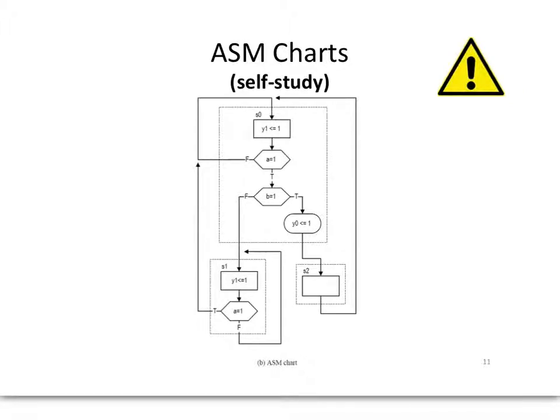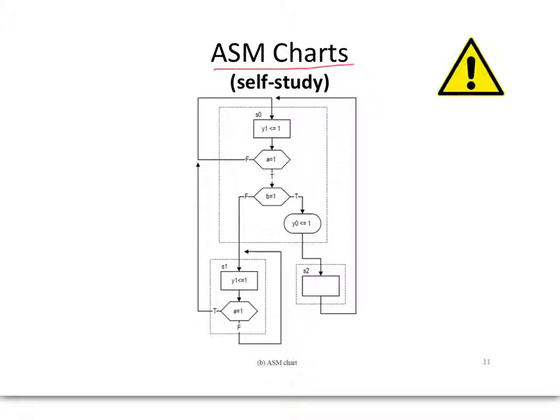There is one more, a bit more complex but a bit more efficient way of drawing states. They are called ASM charts, and it's actually meant to be a self-study, so I would recommend that you look it up in your Prototyping by VHDL examples book. Spend perhaps 20 minutes reading that chapter and pausing this video, and then return to the video once you're done.